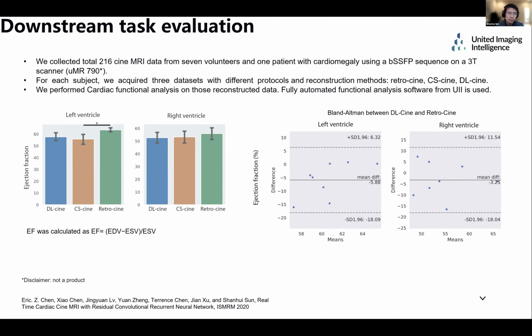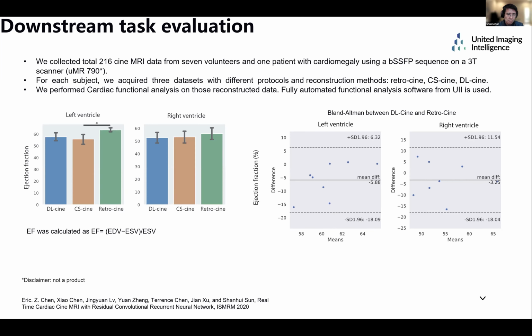We perform the cardiac functional analysis on those reconstructed data. The fully automated functional analysis software developed by us is utilized to evaluate those data. Here, I only include the ejection fraction in my talk.